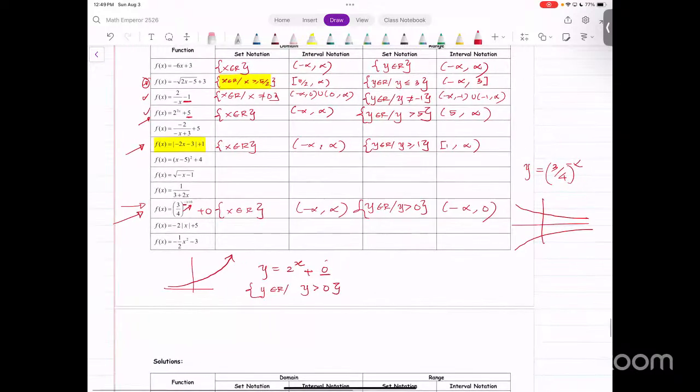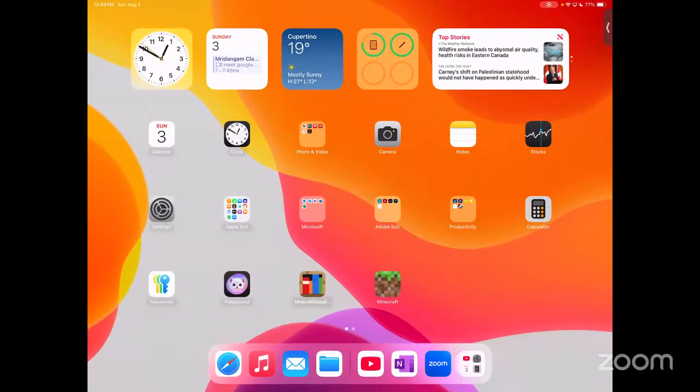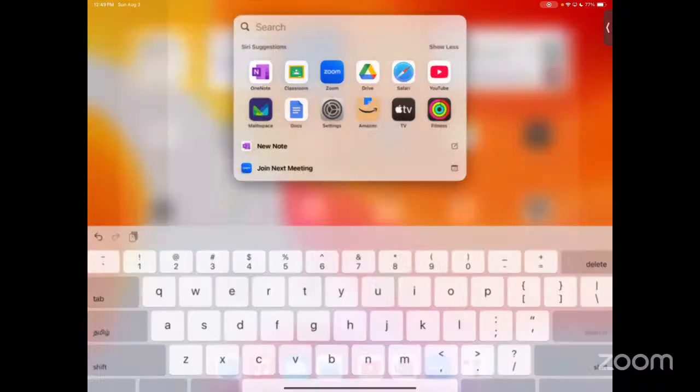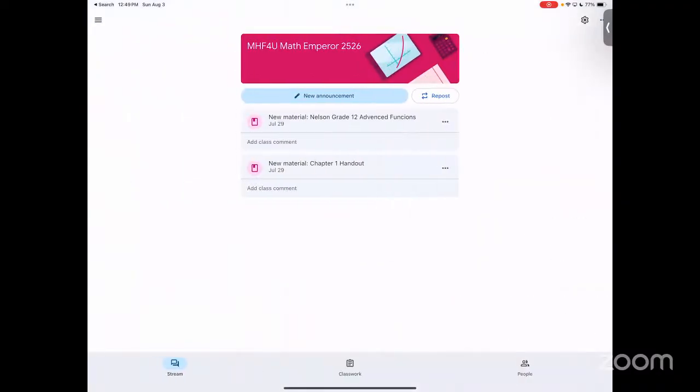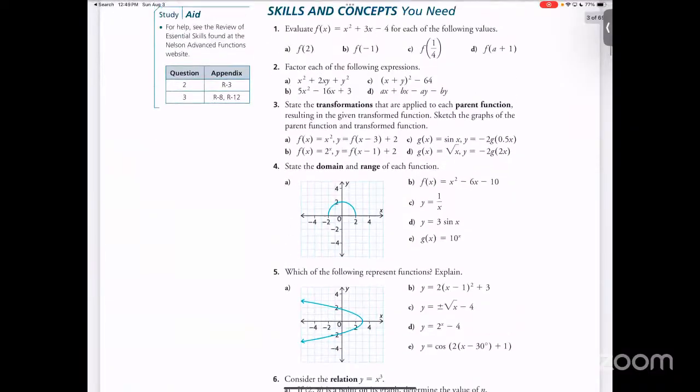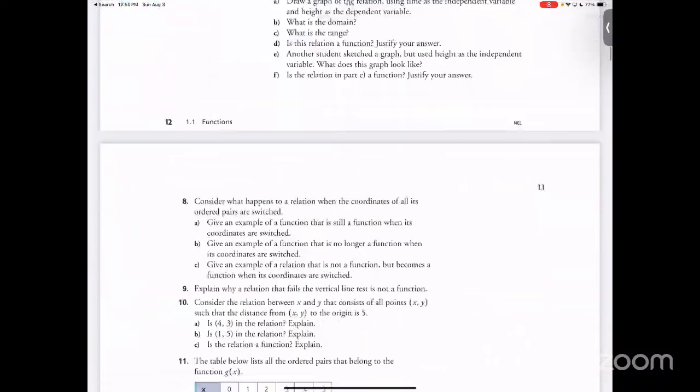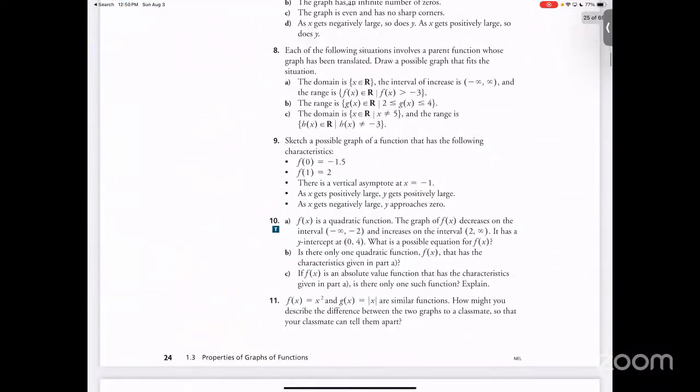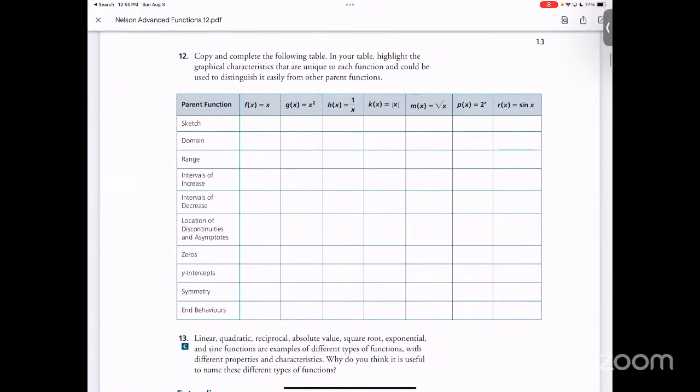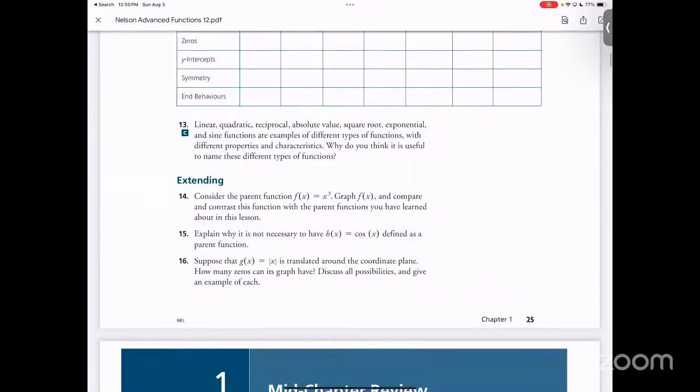In terms of homework, it is going to be textbook questions. Let me go back to the textbook to see how this is aligned with it. The first unit is full of reviews of the functions unit you have learned. We finished just doing this. I want you guys to copy the rest.